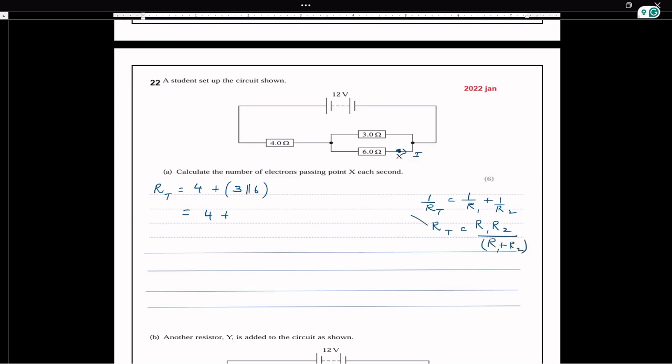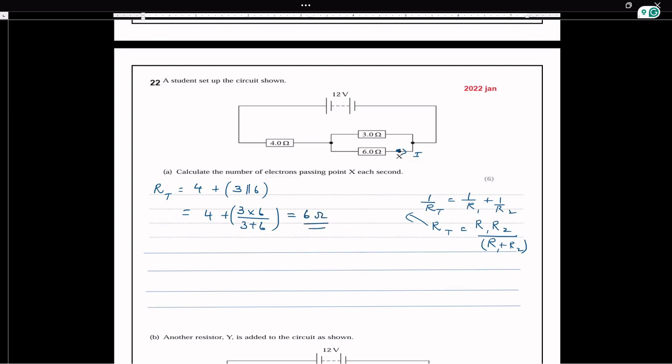So I'm going to use this method. It is 3 times 6 over 3 plus 6. This is giving a total resistance of 6 ohms. So the circuit resistance, or the total resistance, is 6 ohms.